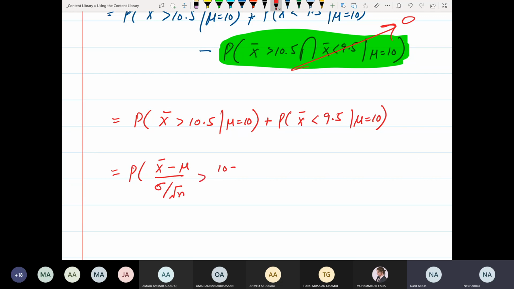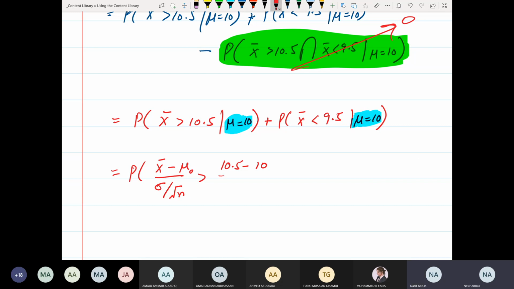Which mu am I going to use? The mean given in the condition, mu is 10. So when I'm standardizing, I'll use this mean.